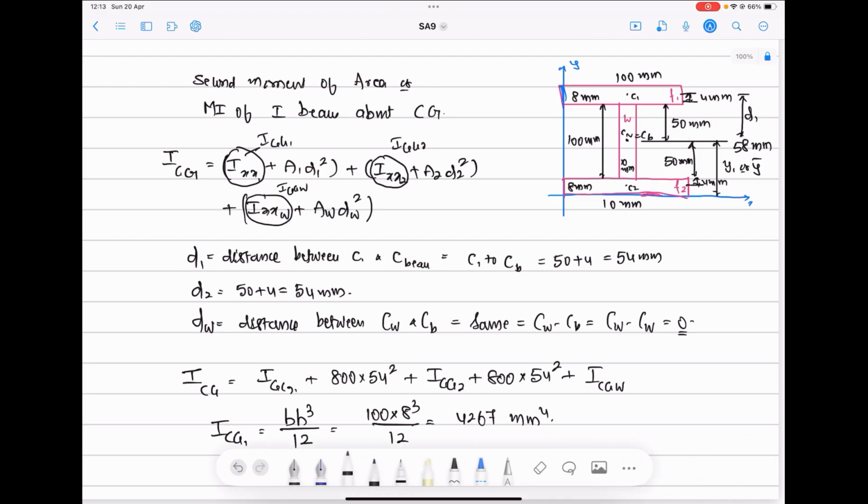Please remember this one. How it has come, I will explain to you now. It is from the parallel axis theorem.